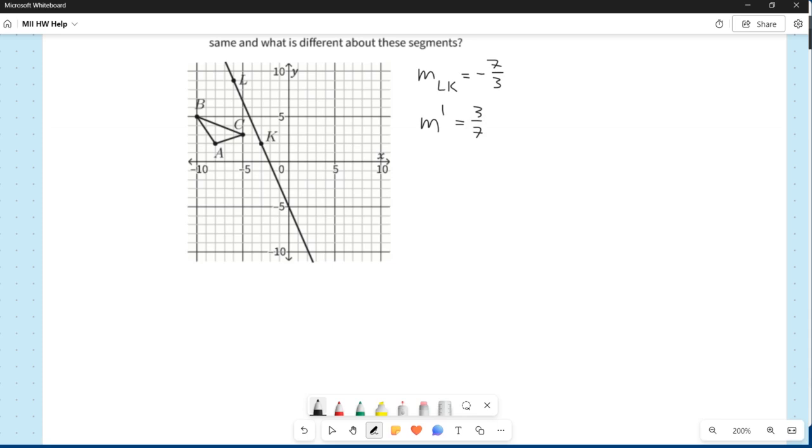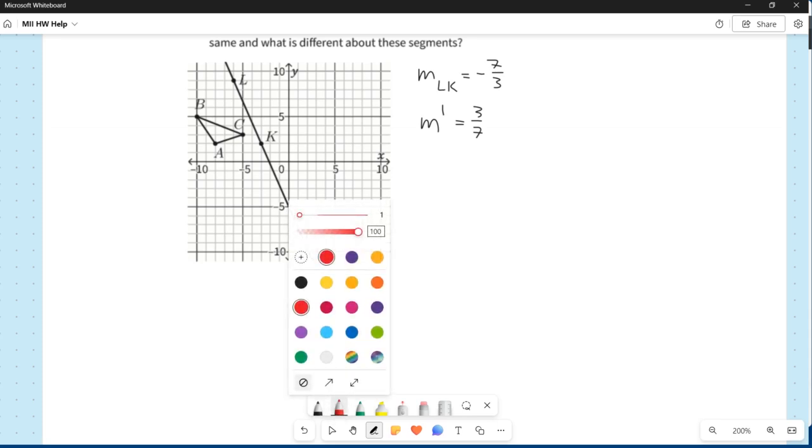So that is going to be the slope of the line that will connect each of our original points with its image after we reflect over the line LK. So let's sketch each of these lines from A, B, and C with a slope of 3/7.